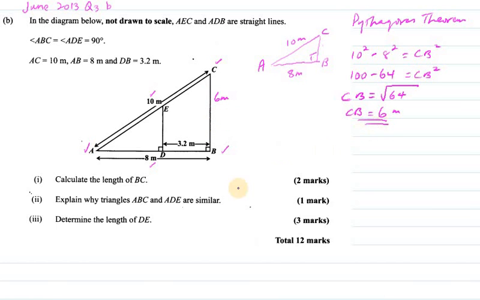The other part now: explain why triangles ABC and ADE are similar.